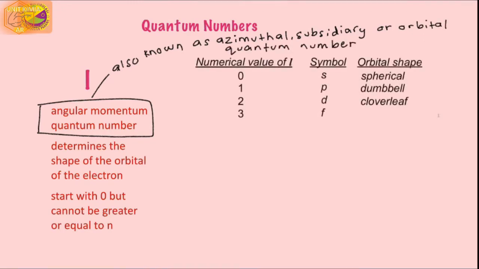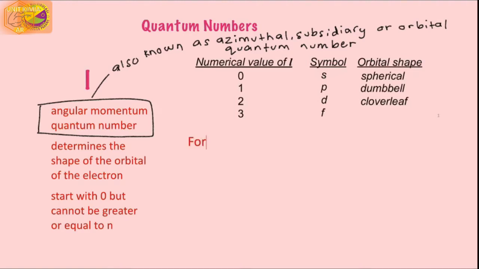The value of l represents the shape of the orbital, such as if the value of l is 0, the symbol is s, which means s orbital.